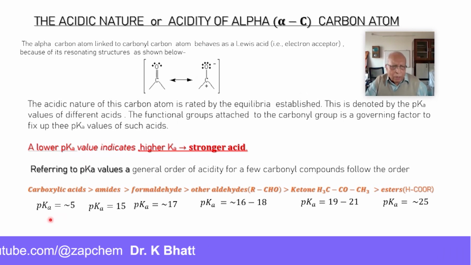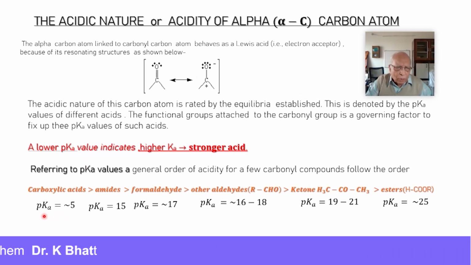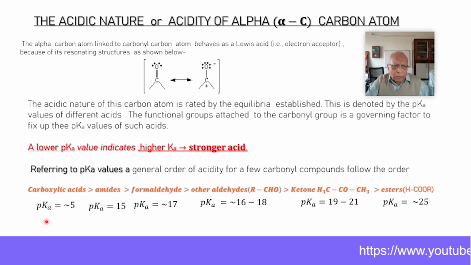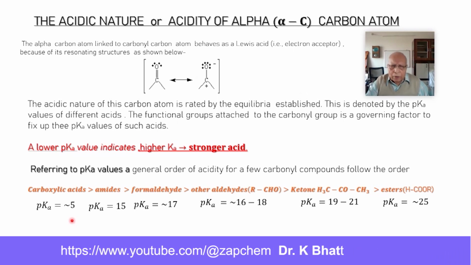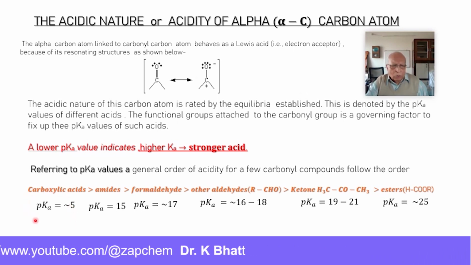So the pKa value of an acid depends upon the other groups attached. For example, if an OH group is attached, as in carboxylic acid, RCOOH, the pKa is about 5, which is sufficiently low, and therefore it is a strong acid.